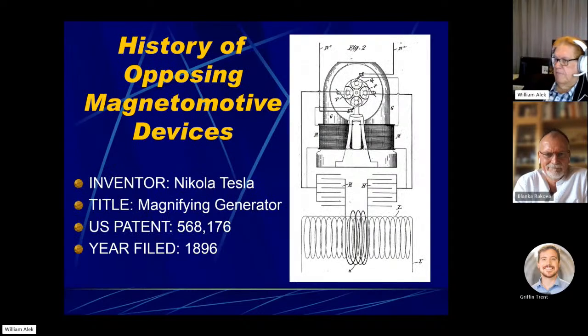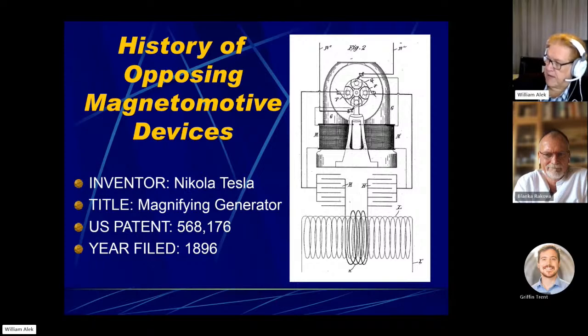Okay, let's go back in history here. What exactly did Nikola Tesla do to make his magnifying generator? He sets up this magnetomotive convergence with two coils, and his two coils are labeled M on his patent.